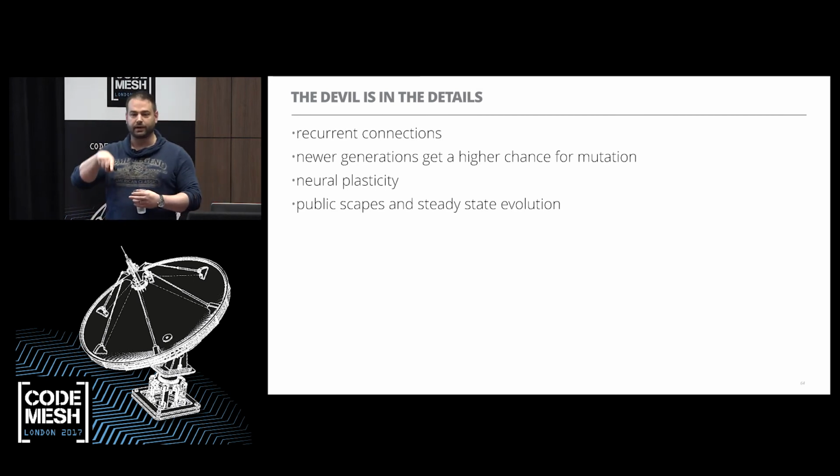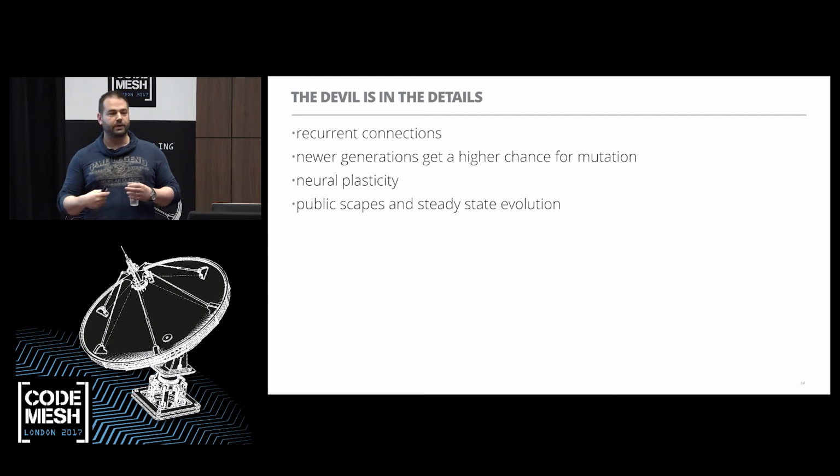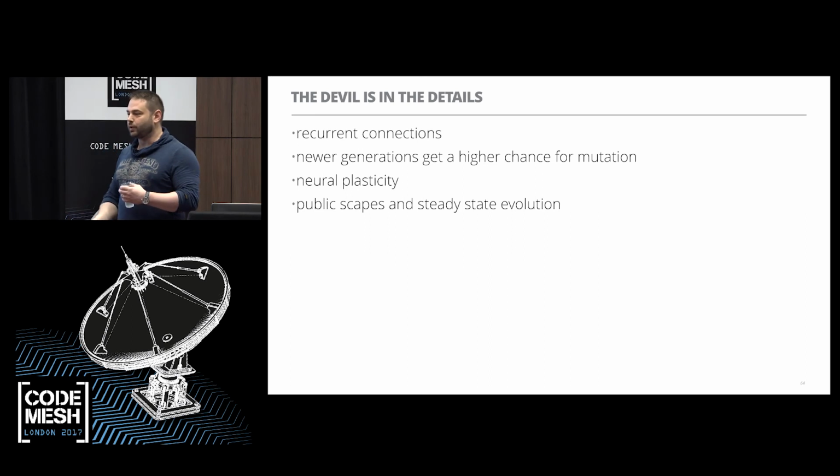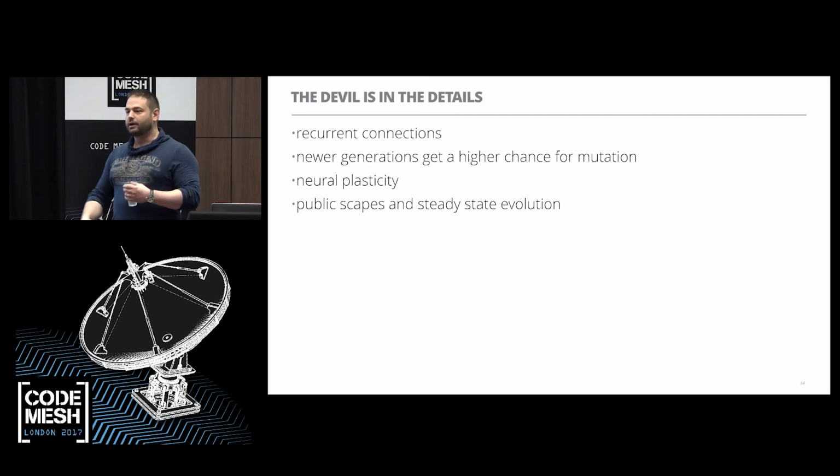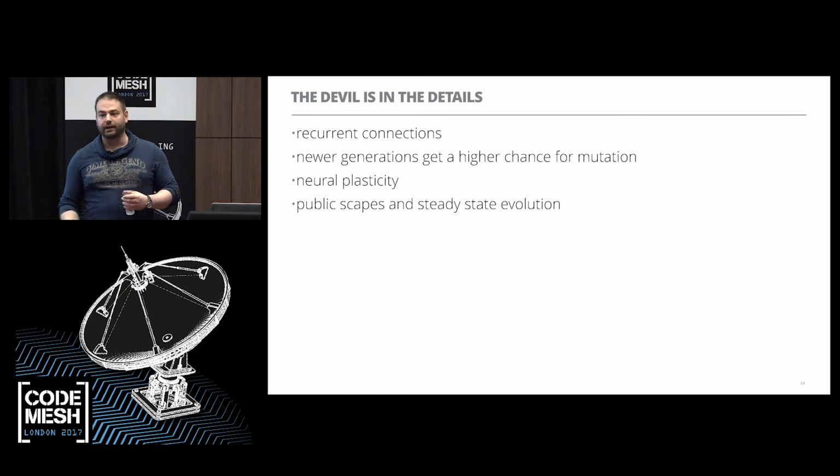When you make a recurrent connection, you create memory. So if you're training a neural network to solve the XOR problem, you better make sure that you show the examples in random order every time, because if you show them in the same order, the network might start understanding in what order you're showing them, and then if you show an example outside of the training set, it doesn't know what to do with that.